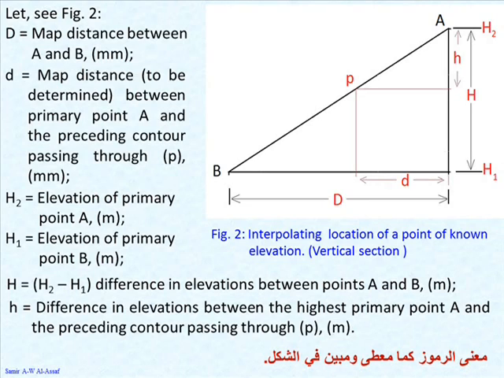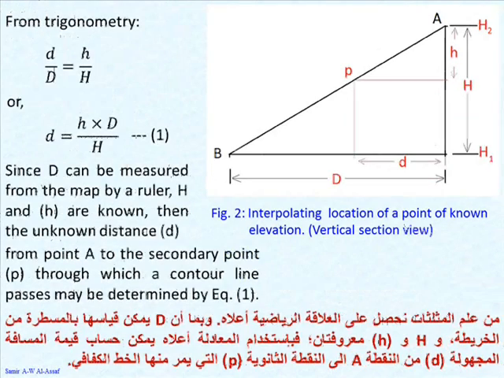Capital H1 equals elevation of primary point B in meters. Capital H equals H2 minus H1, the difference in elevations between points A and B in meters. Small h equals the difference in elevations between the highest primary point A and the preceding contour passing through P in meters.